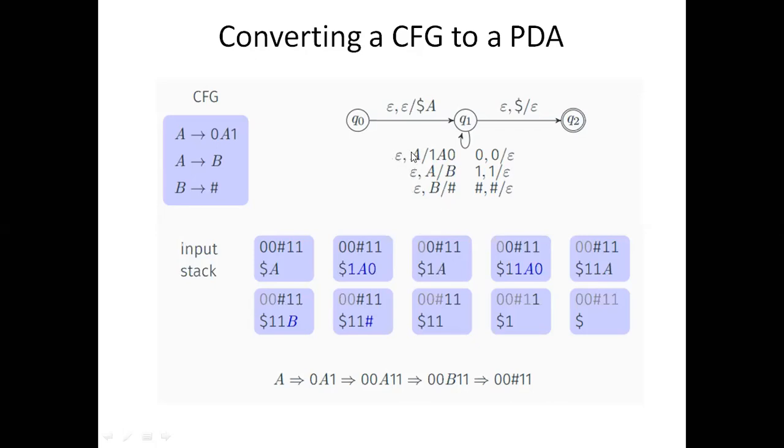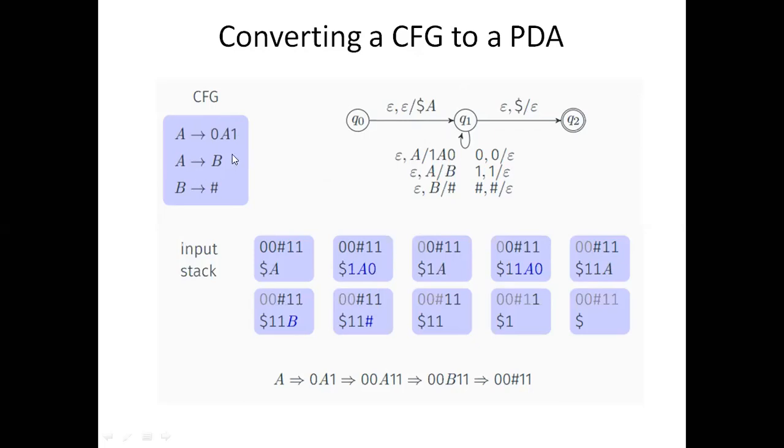So the tape head is not going to move ahead. The tape head remains in the same position. And for that particular capital A on the stack top, we push whatever is there on the right hand side of the production rule to the stack in the reverse order.